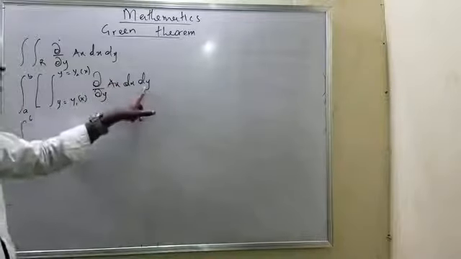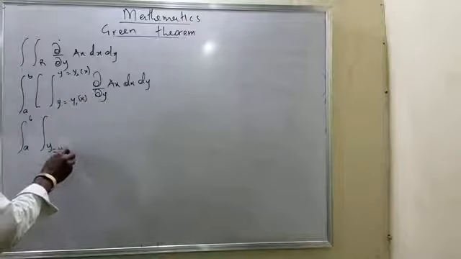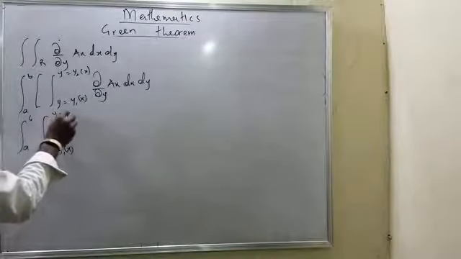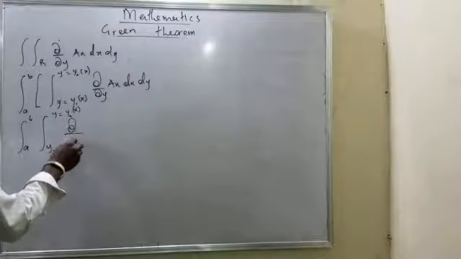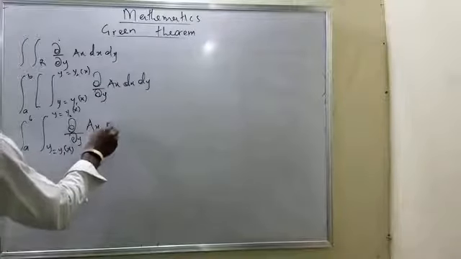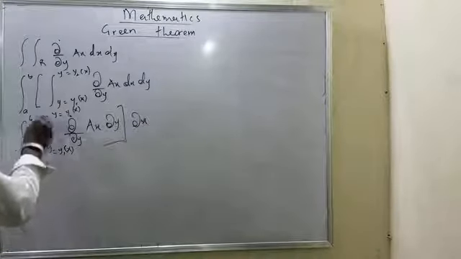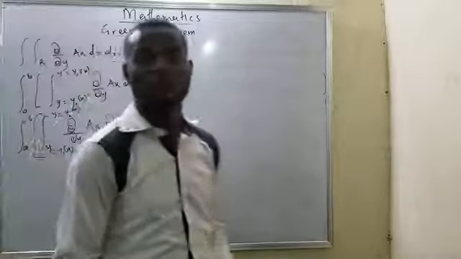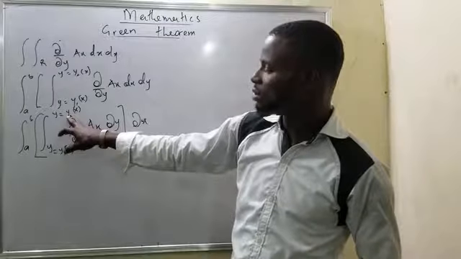I will go for my y first, with y running from y1 of x to y2 of x, upper limit and lower limit, of the partial of A with respect to y. I handle y first because the function's limits are running on x and y.